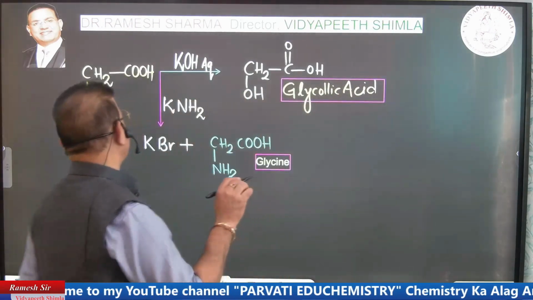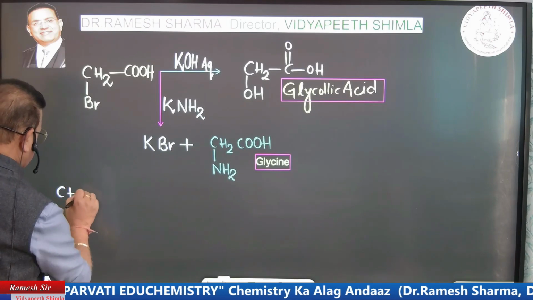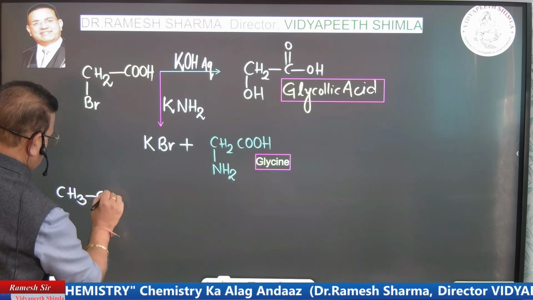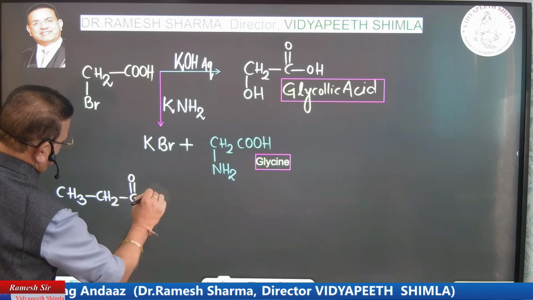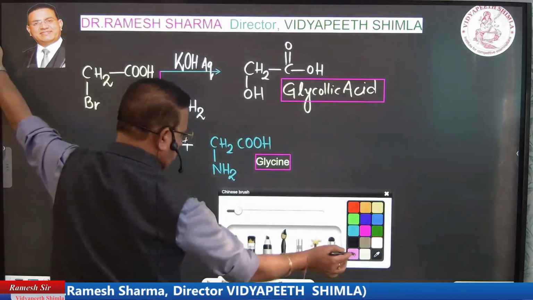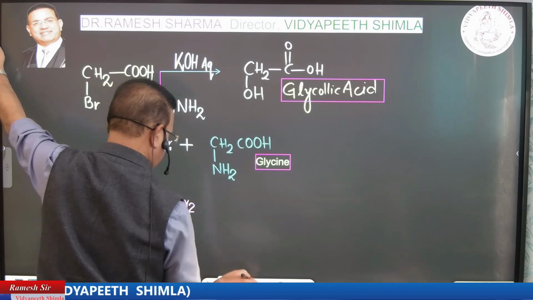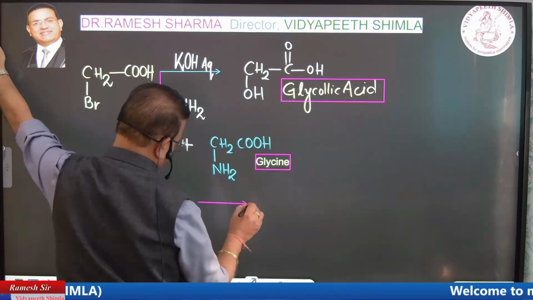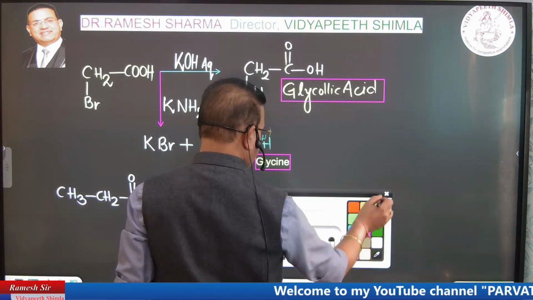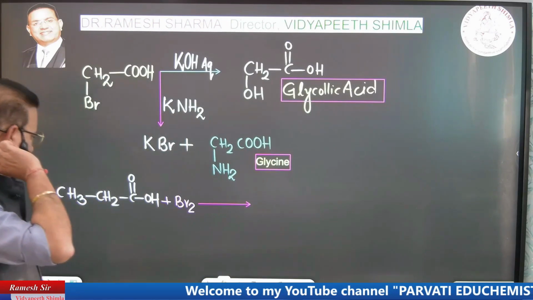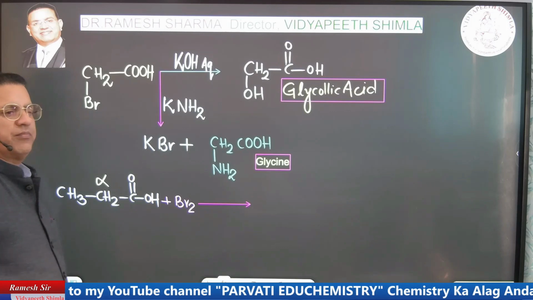So you can do the same behavior with propanoic acid. The reagent is same, mechanism is same, but the product will be more important products we can get out of it. If it is bromine, it occurs at alpha position.